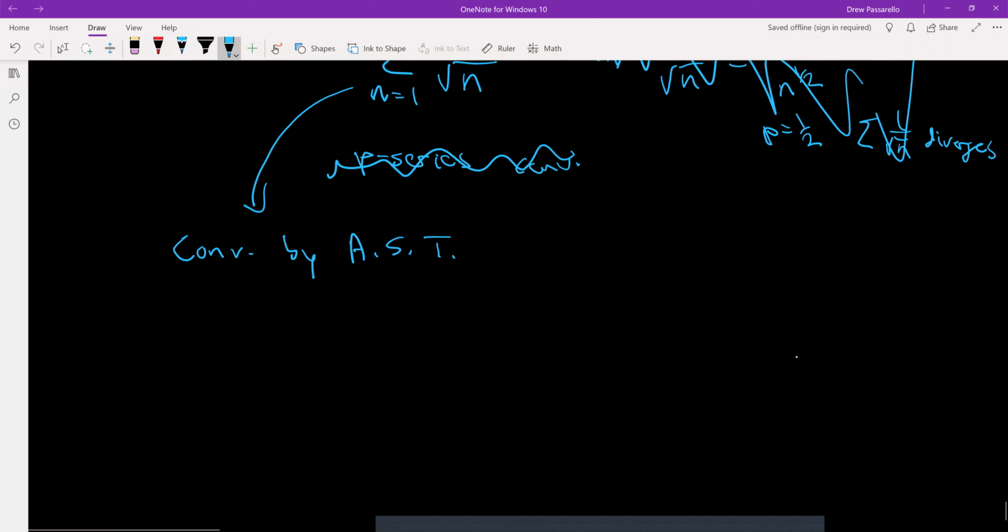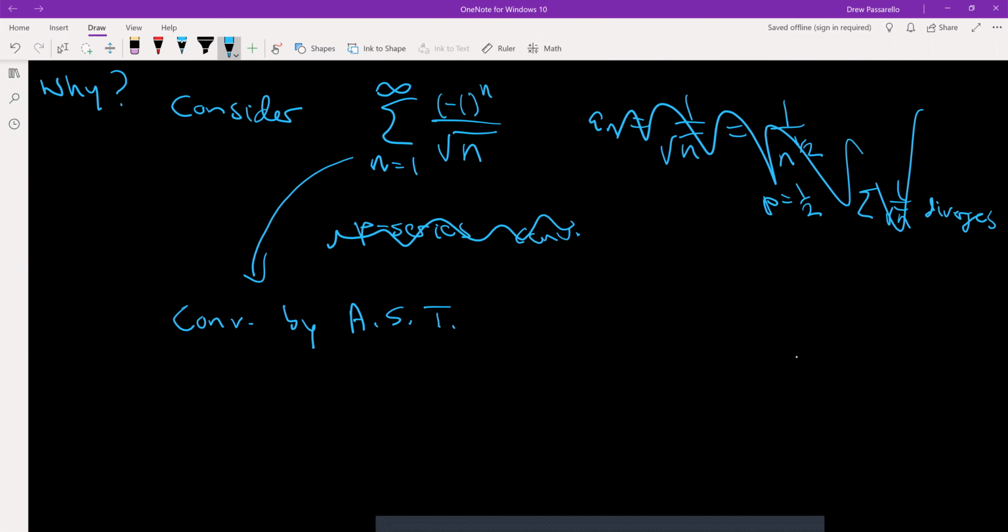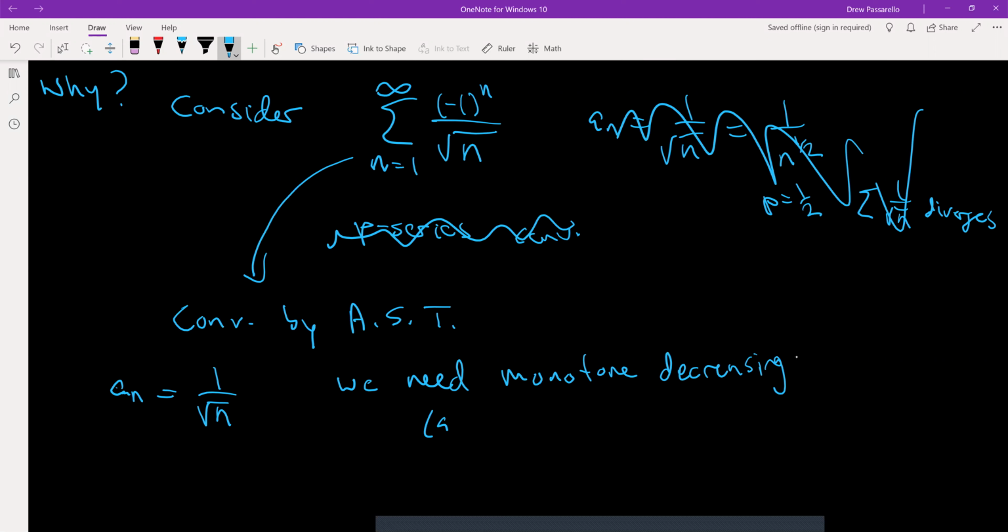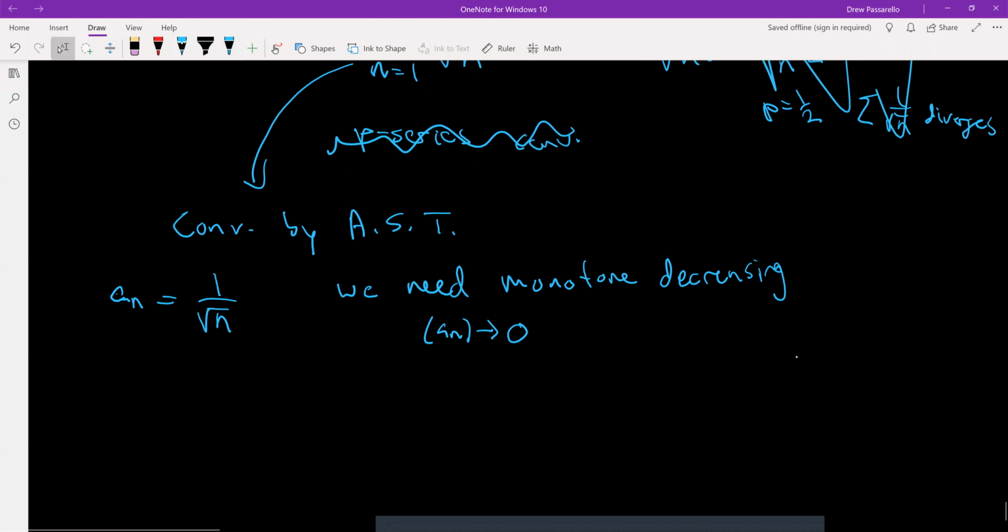And what do we need for alternating series test? Our an is 1 over square root of n, or 1 over n to the 1/2. We need a monotone decreasing sequence, and we need that an converges to 0. Well, 1 over square root of n definitely converges to 0.